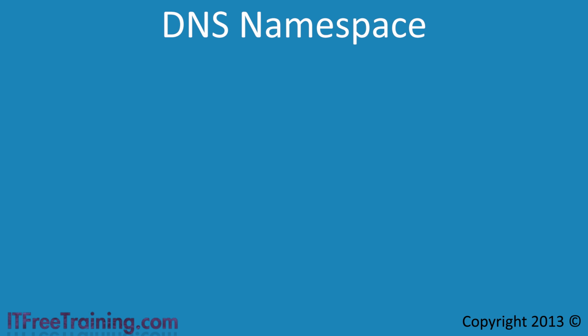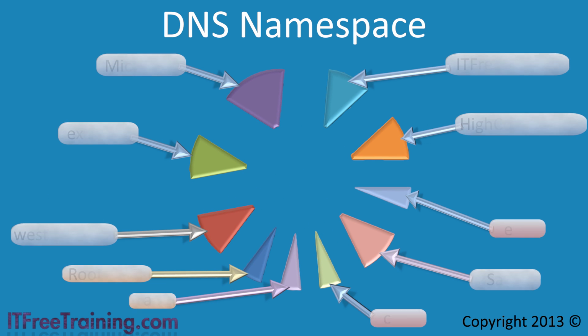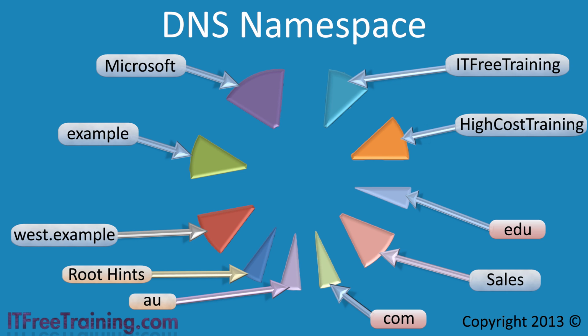In order to have a centralized, controlled, but distributed namespace, the DNS namespace is broken up and put into different servers all over the world. If you consider it like a piece of pie, you can see that different servers hold different parts of the namespace. In a later video, I will look closer at how the namespace works, but you can see here that there are servers that hold only part of the namespace, like COM.